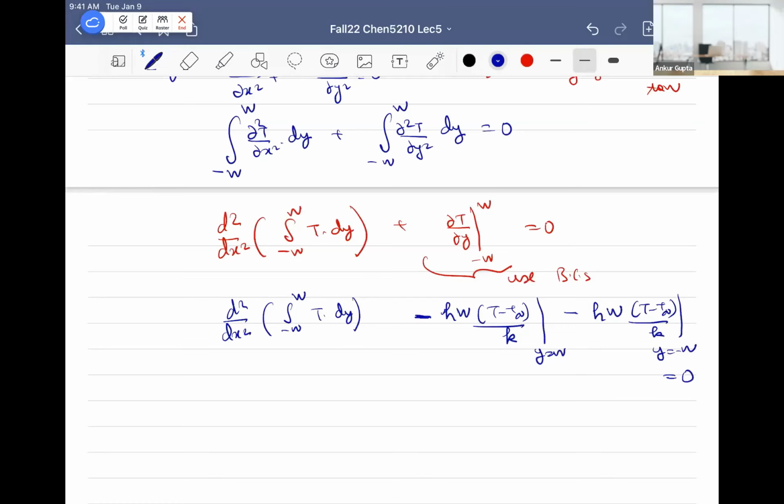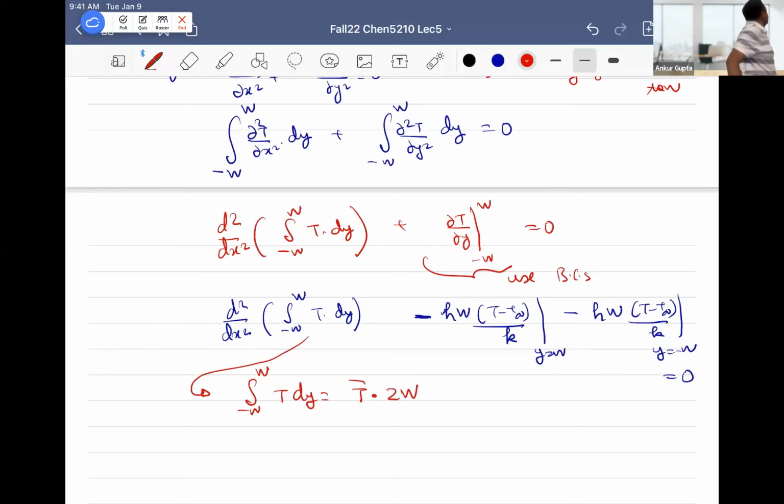So I've just integrated in the y direction because it seems less important, and then I've put in the boundary condition to get the right answer. This is what we have done. Now, how do I go about this? Again this idea of y being less important is that I will define an average temperature. You can see that this is integral dy. I'm trying to wash out the y direction. So by definition, I'll say this is something like the average temperature times whatever.